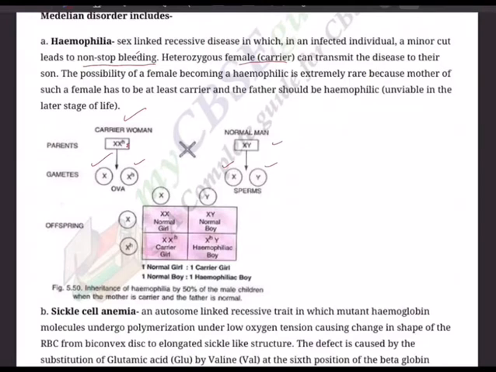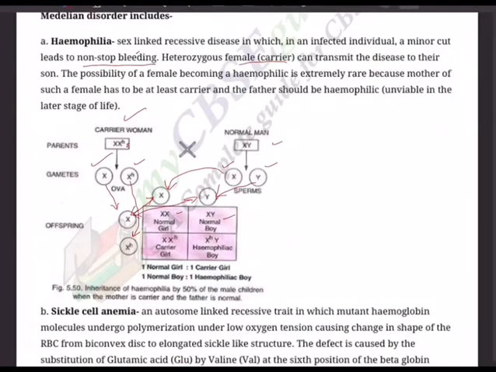So when gametes fuse together to form zygotes, we are using the Punnett square method. Here we are taking the mother's X and XH, and the father's gametes here, sperm carrying X and sperm carrying Y. When the fusion takes place, X and X, this is a normal female girl, and this X combines with the gamete having Y, XY, normal boy.